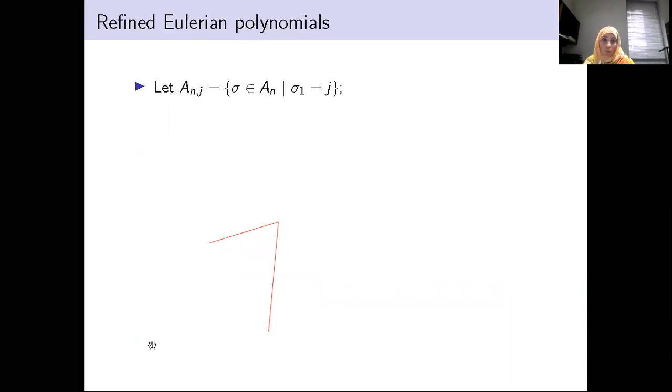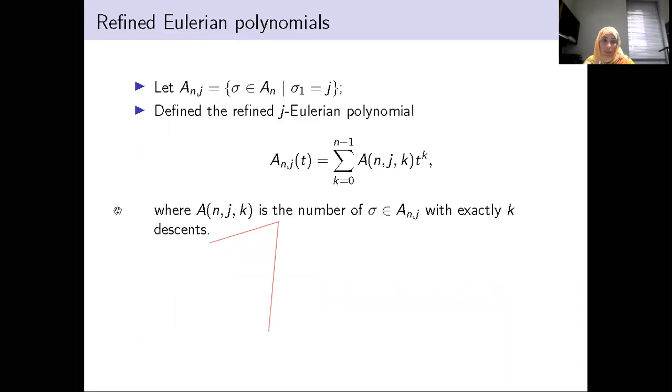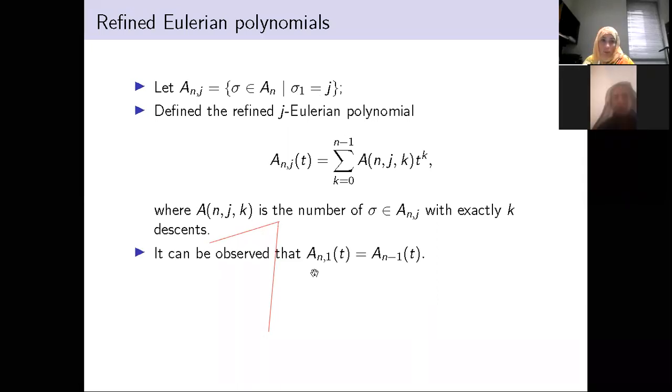And further, one can refine these polynomials by putting a condition on the permutation. You are just considering the permutations whose sigma 1 is j. In this way, you get these polynomials. And one can observe that if you consider j equal to 1, that is sigma 1 is 1, then you get the classical Eulerian polynomial from the previous step.